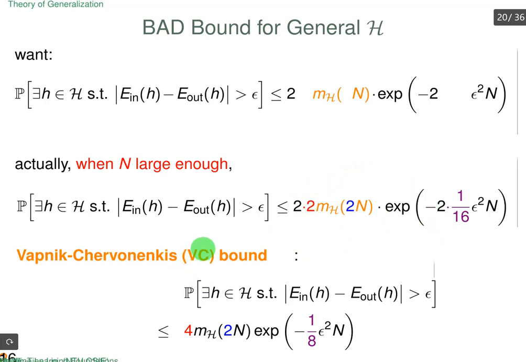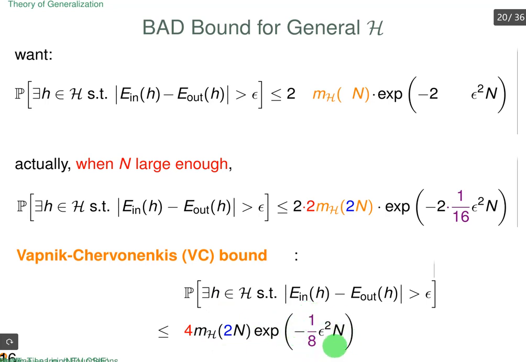VC in short is the following bound. It is based on a further extension of Hoeffding's inequality, taking into account the breakpoint and the growth function of the hypothesis class. So the probability of the bad event is now upper bounded by 4 times the growth function of 2N, times an exponential of the following quantity.